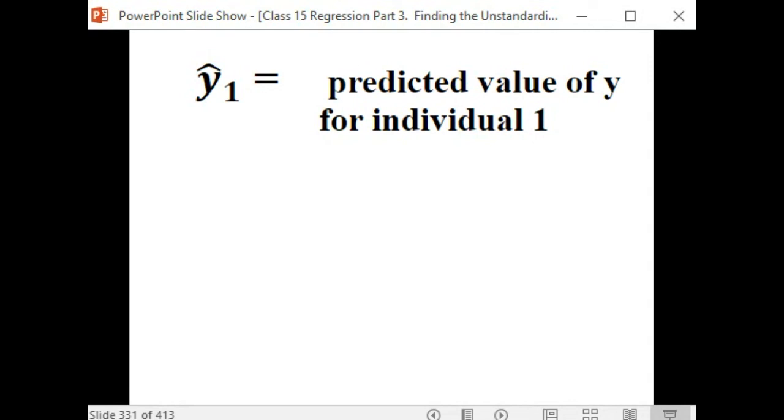The symbol for the predicted value of y has a little hat over it, and this hat means predicted value or estimated value. The little subscript 1 indicates that this is the predicted value of y for the first individual in the data set. And sometimes the predicted value of y is simply called y predicted.